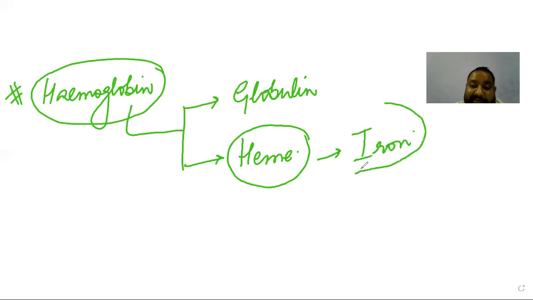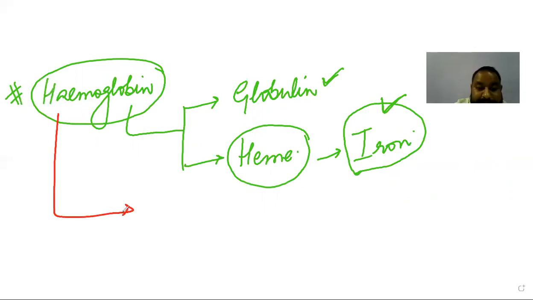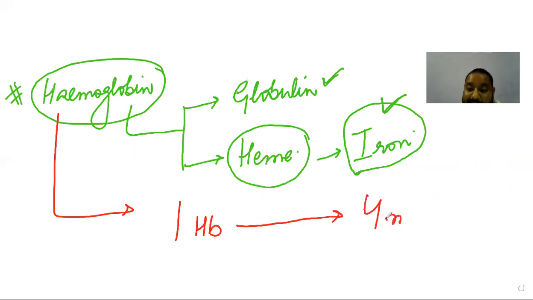That is why deficiency of iron leads to anemia. So hemoglobin consists of iron and the globulin protein. One molecule of hemoglobin can carry 4 molecules of oxygen.